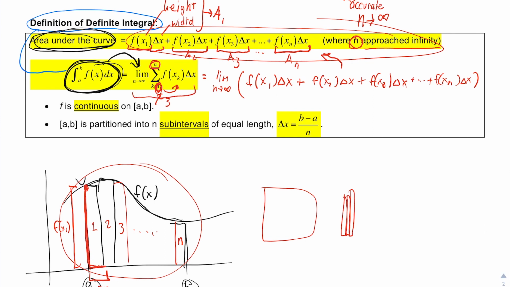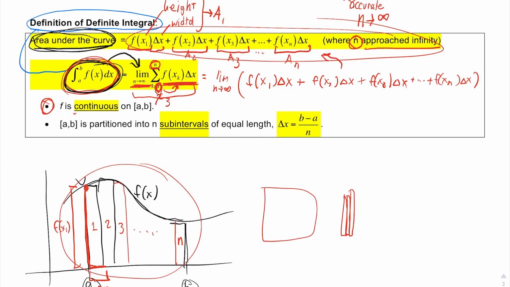So just to give a summary, the area under the curve will be accurately represented by the sum of all the rectangles when you have your rectangle width very, very small, or if you have more and more rectangles, okay? That's what this means. Now here's a sub point.